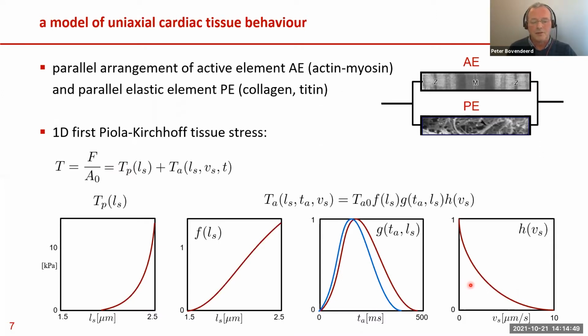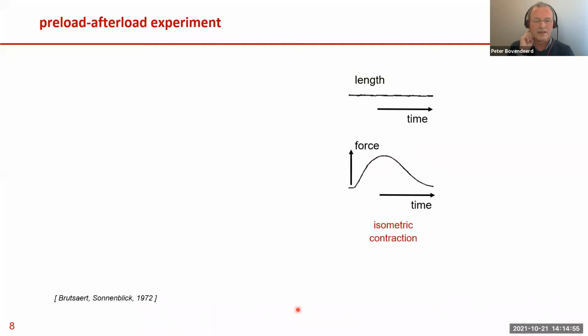So to better understand what these properties mean and how they are reflected in experiments, I want to introduce you to this experiment by Brutsaert and Sonnenblick. So this is an old experiment, as you can see, and what these investigators did was first, essentially the same as in the experiment that I showed you before.